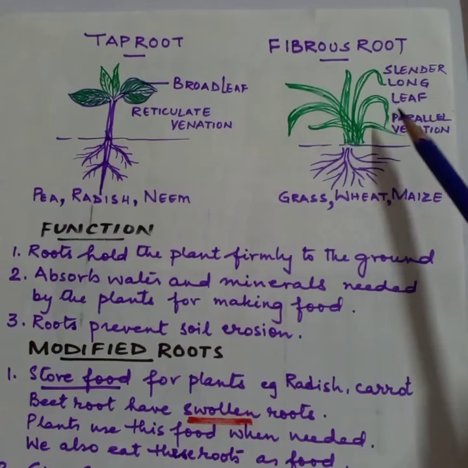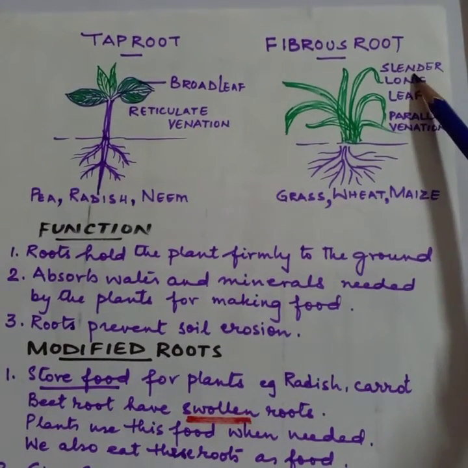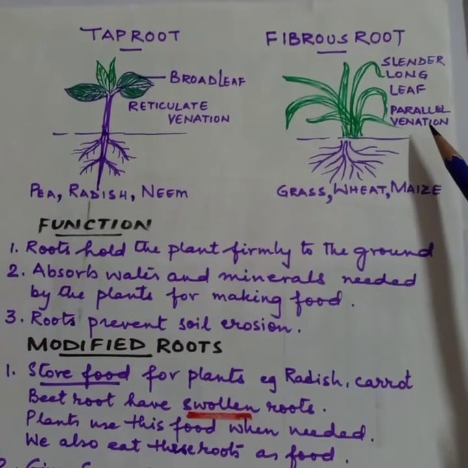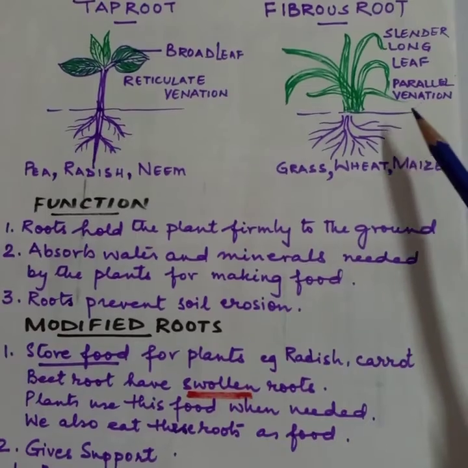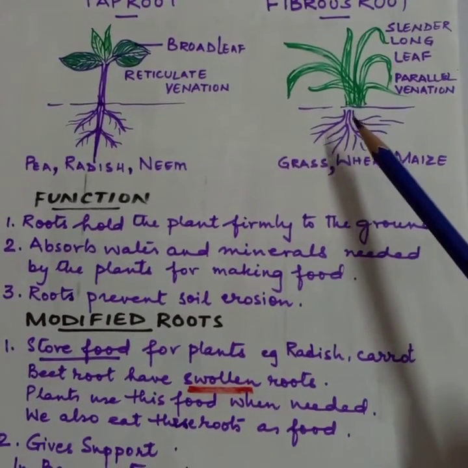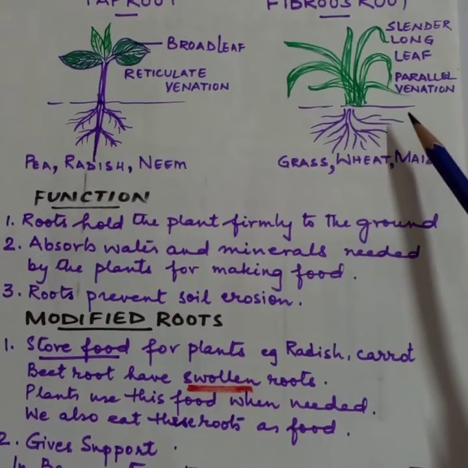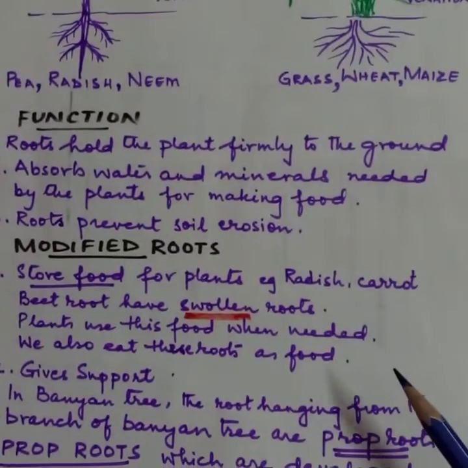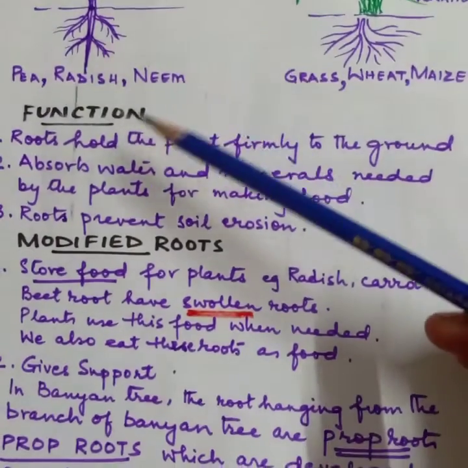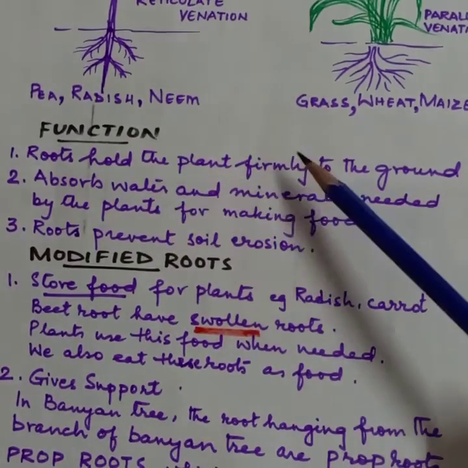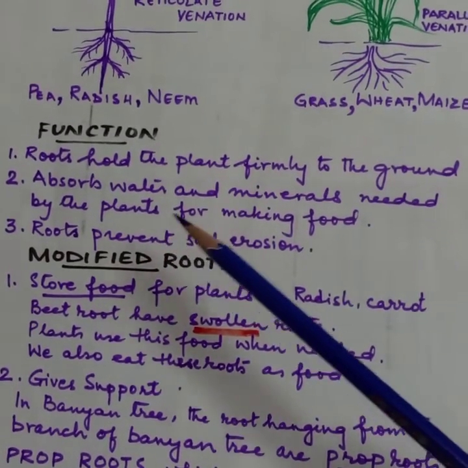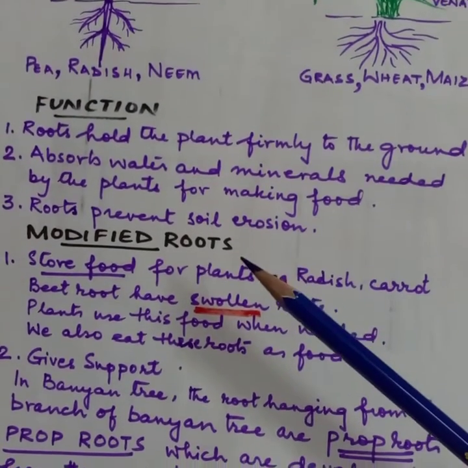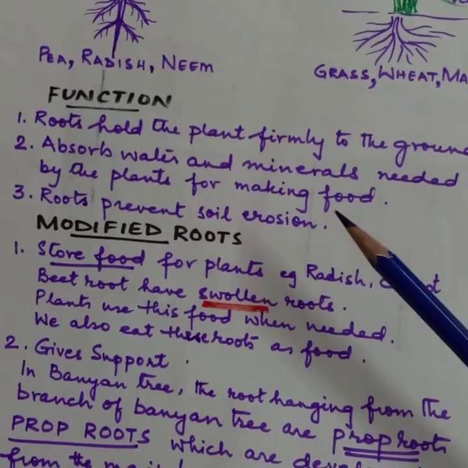Fibrous roots are found in the plants which have slender long leaves with parallel venations, and these roots come out in a cluster from the base of the stem. Now the functions of the roots are: the roots hold the plant firmly to the ground, they absorb water and minerals needed by the plants for making food, and roots prevent soil erosion.